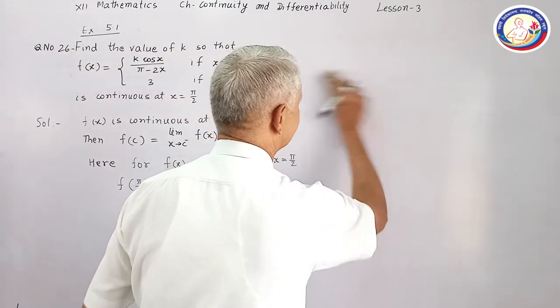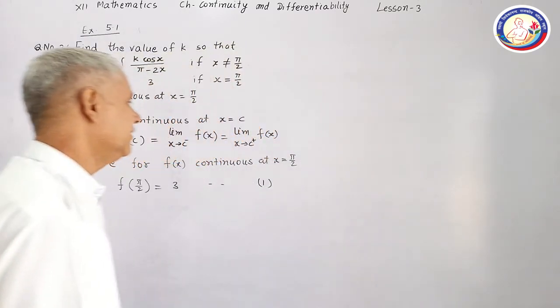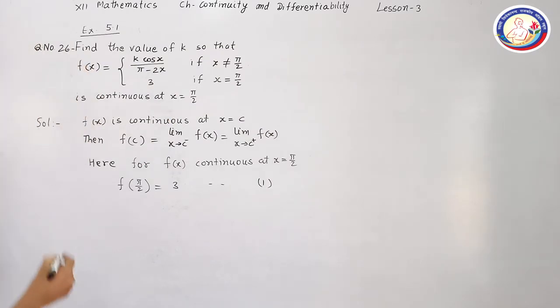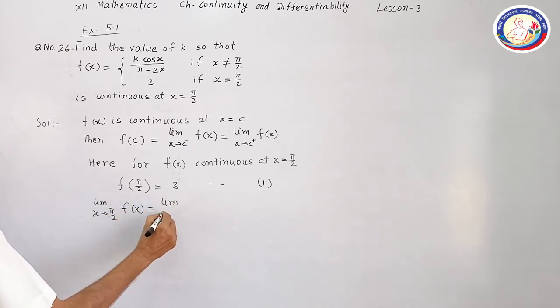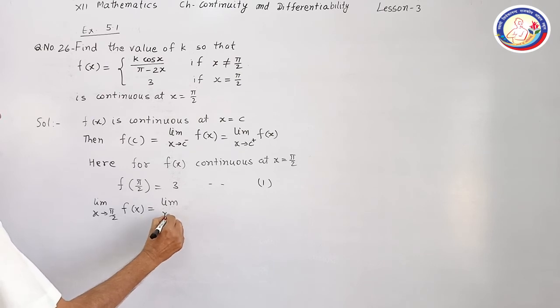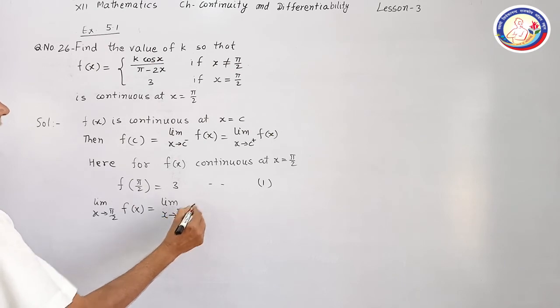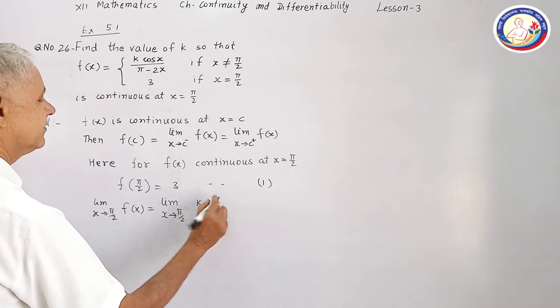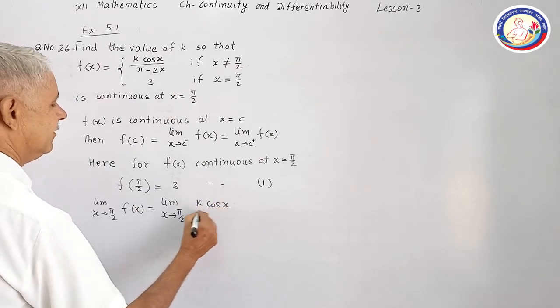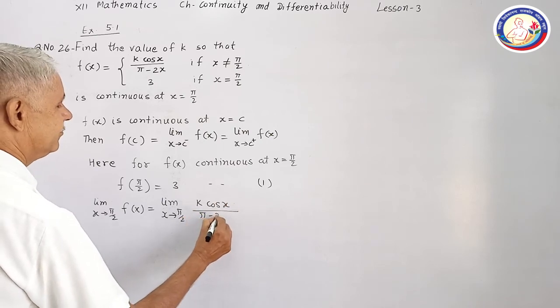So for both the limits, the function will be the same, left hand limit as well as right hand limit. Limit x tending to pi by 2 of f(x) equals limit x tends to pi by 2, and the function will be k cos x divided by pi minus 2x here.